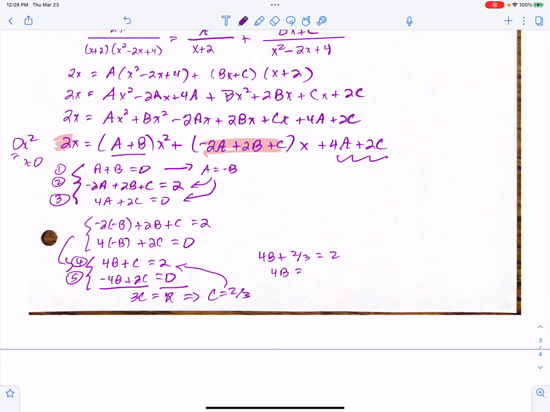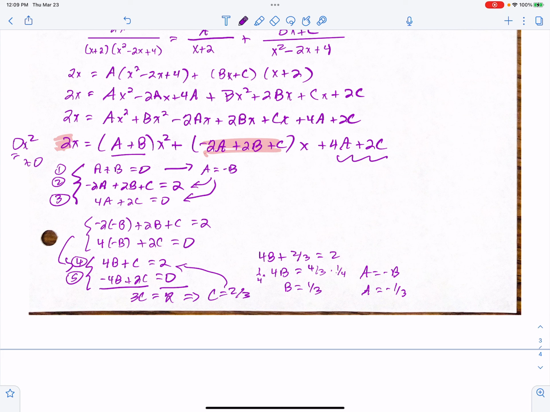If I subtract 2/3 from 2, I get 4/3. And then if I multiply both sides by 1/4, I get b is equal to 1/3. And then a is the opposite of b, so a is negative 1/3.